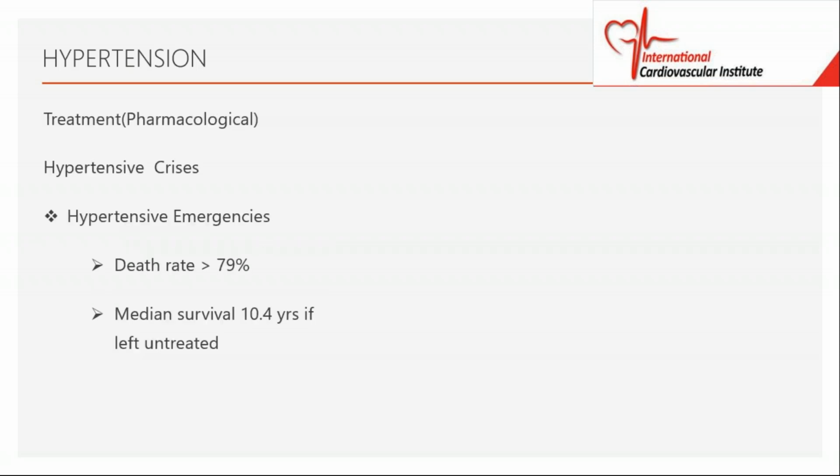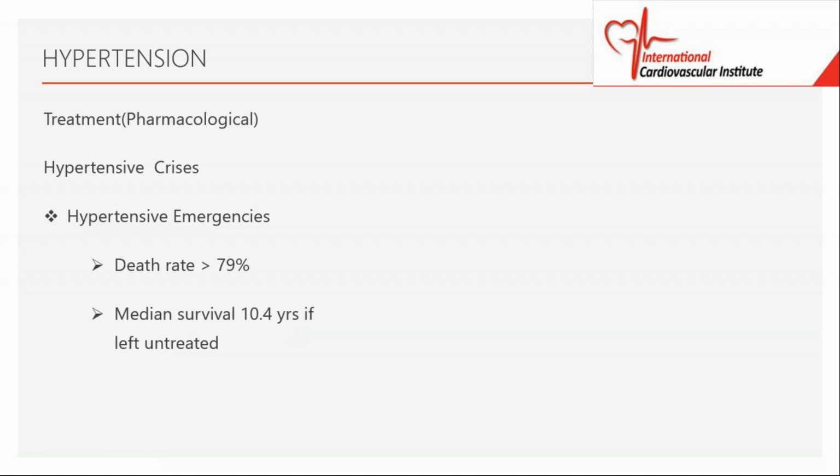All right. So when we look at hypertensive emergencies, the death rate is greater than 79%. A lot of these patients die if they're not treated appropriately. The median survival is about 10.4 months if left untreated.